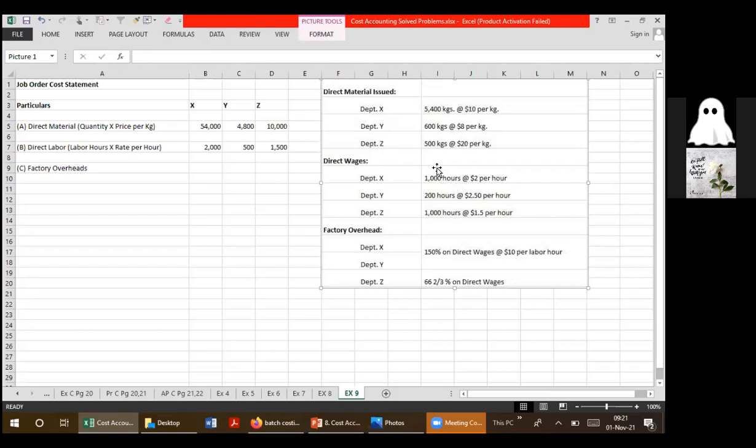For example, for department X, it is 1,000 hours at $2 per hour. 150% on direct wages would mean 1,500 hours, because 1,500 hours is 150% of Department X's direct wages, and that will be at the rate of $10 per hour.